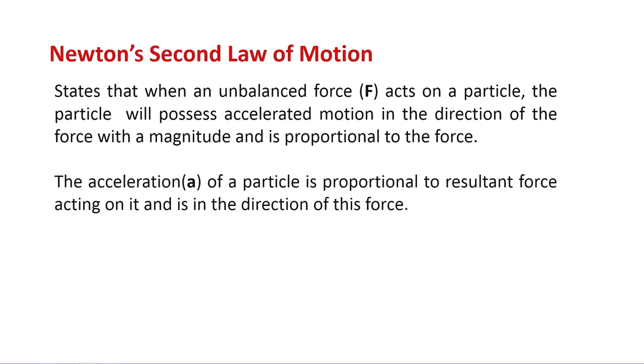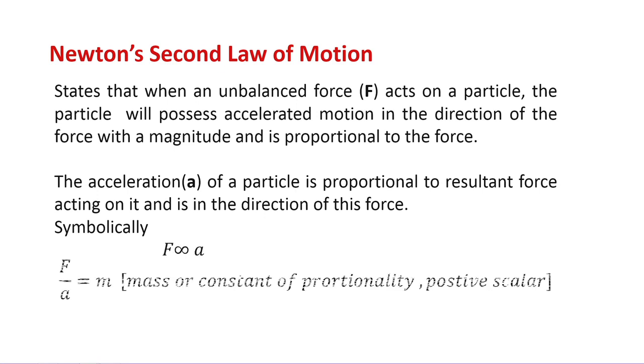The acceleration of a particle is proportional to the resultant force acting on it and is in the direction of this force. So, if we use symbols, F is proportional to a. F by a we can write is equal to m. m is nothing but mass, or constant of proportionality, and it is always a positive scalar.